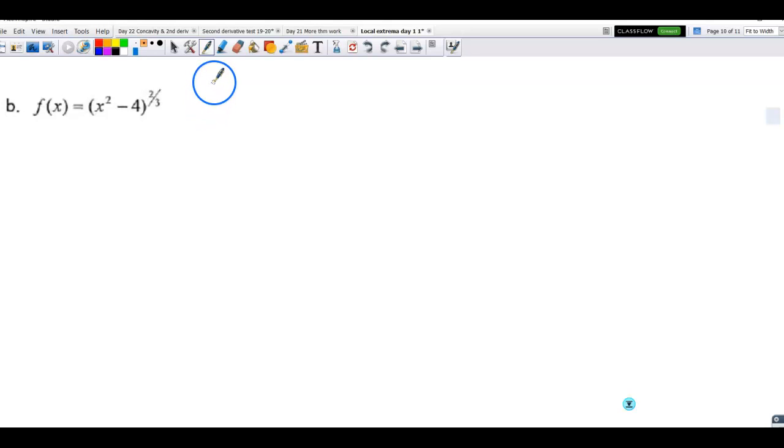So we're going to apply the first derivative test to find the local extrema. In order to do that, we're going to need to find the first derivative. Using the chain rule, the first derivative is 2/3 (x squared minus 4).